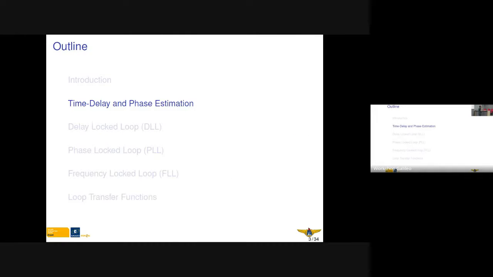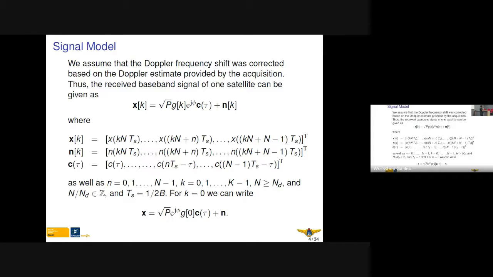Okay, so then let's have a look now at the maximum likelihood estimator for time delay and phase estimation. So again, as for the other maximum likelihood estimators, we will first define the necessary signal model. You can see here now the Doppler is missing with respect to the last signal model for acquisition.